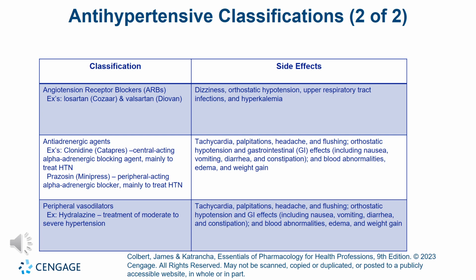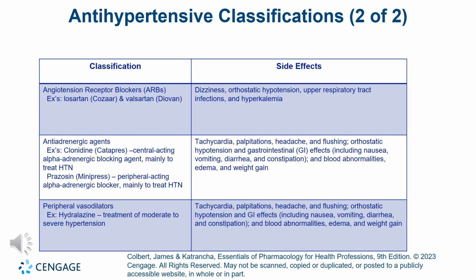It's also used mainly to treat hypertension, and it also can be used for other conditions as well. Side effects of these are tachycardia, palpitations, headache and flushing, orthostatic hypotension, and GI effects, including nausea, vomiting, diarrhea, and constipation, and blood abnormalities, edema, and weight gain.